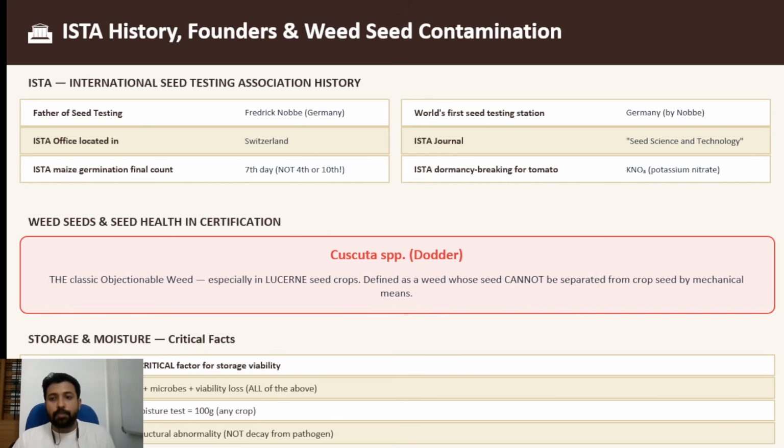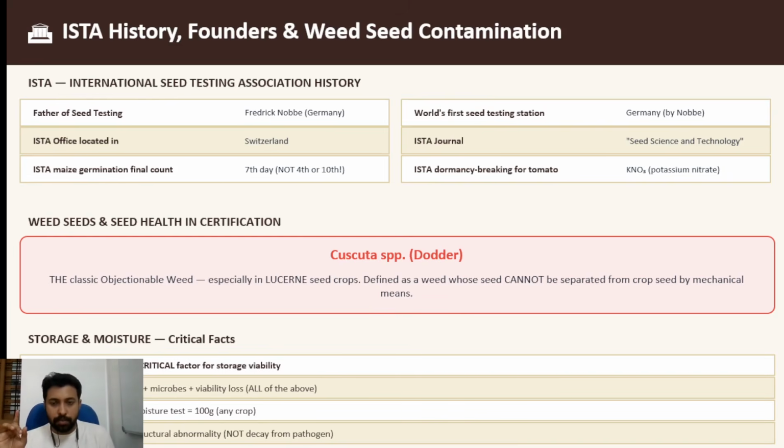They publish a journal named Seed Science and Technology. The first seed testing station is in Germany. Then, ISTA seed dormancy breaking of tomato is done with potassium nitrate. Few key points that were asked in previous years are just given here.